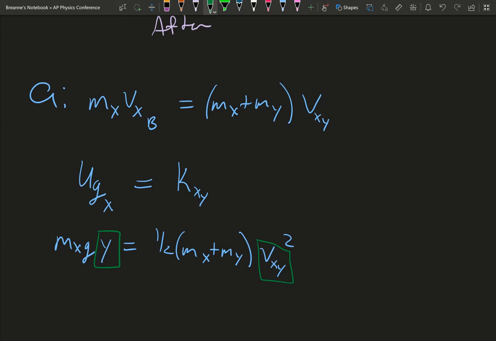Part A-II is wanting you to derive the equation that relates the initial release height hX of the block X and the speed Vs of the two-block system after the collision in terms of MX, MY, and fundamental constants as appropriate.